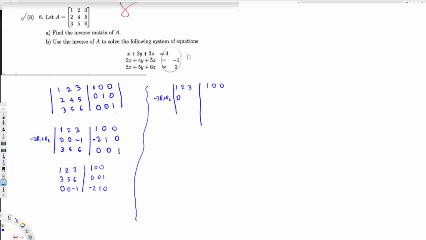Then -6 plus 5 is -1. Then -9 plus 6 is -3. Then -3 plus 0 is -3. Then it's going to be 0, then just 0 1.